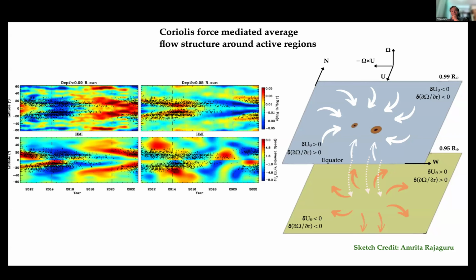But what really is the overall global structure of the meridional flow further deeper is still an open question. And do the flow speeds that you measure, do those correlate with the time scales at which flux moves forward? Are those kind of in the right ballpark?